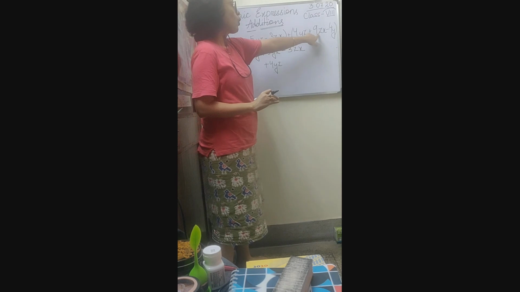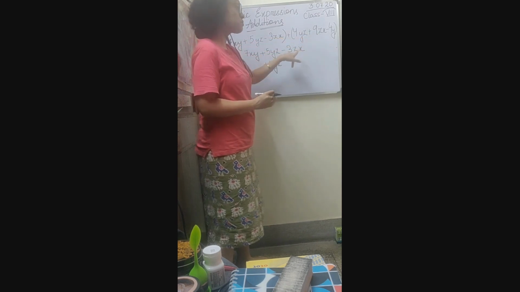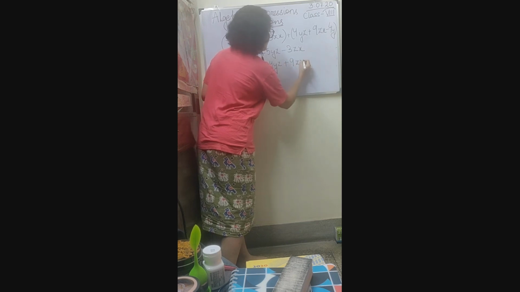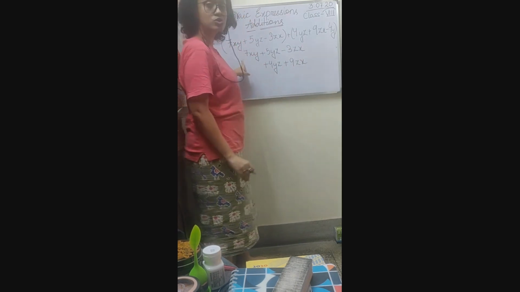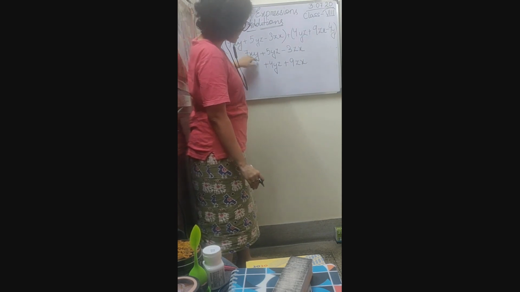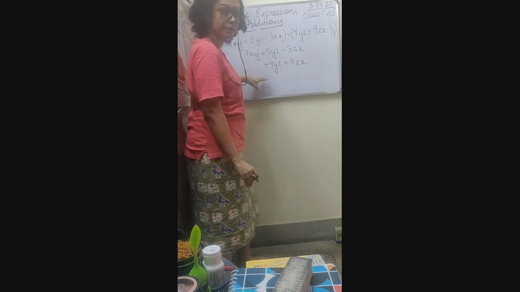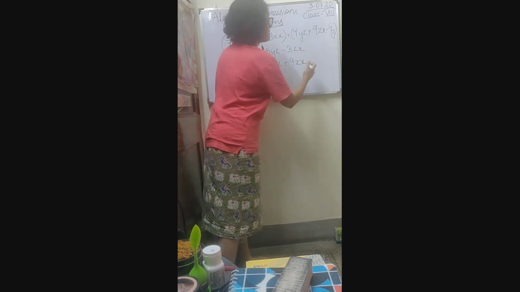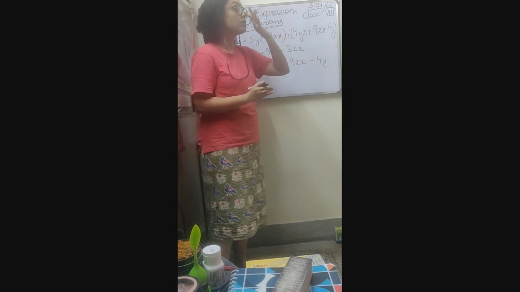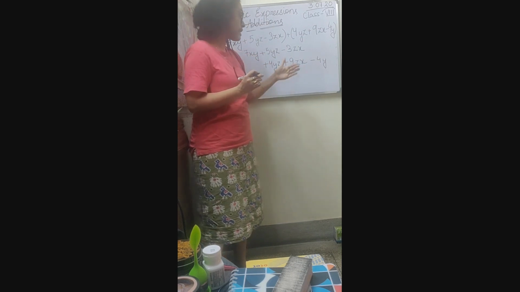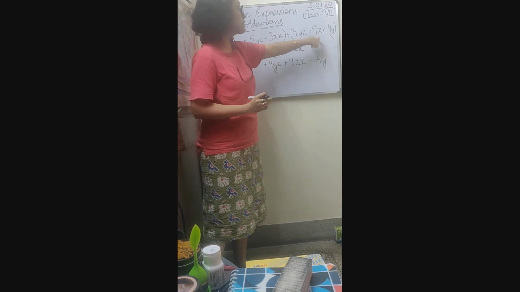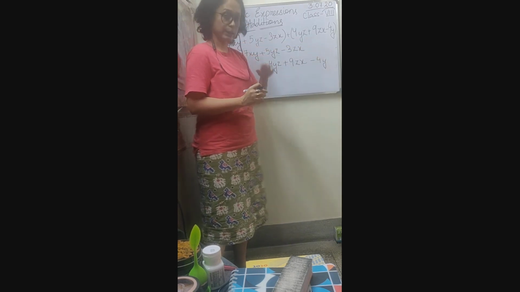Then plus 9zx is the like term to this, so we write down 9zx. Now, as there was no like term to 7xy, I left the place beneath 7xy empty, and now I am going to write minus 4y and make the lower expression complete. But as there is no like term to minus 4y, I keep the place above it empty.